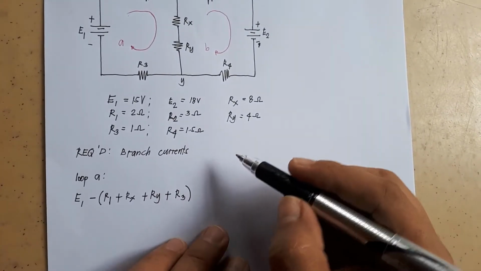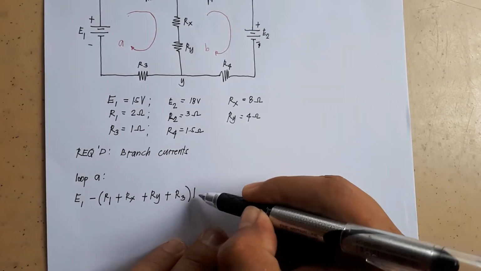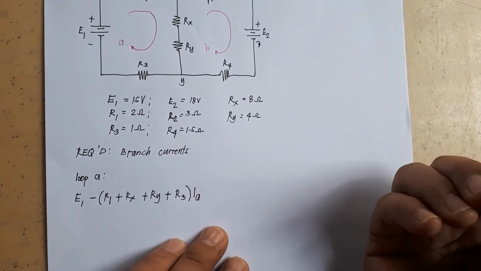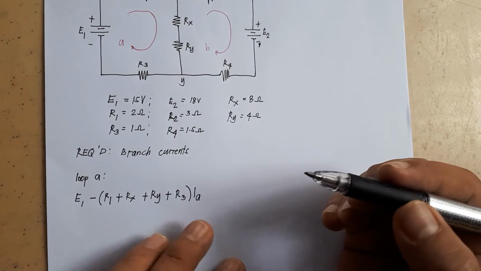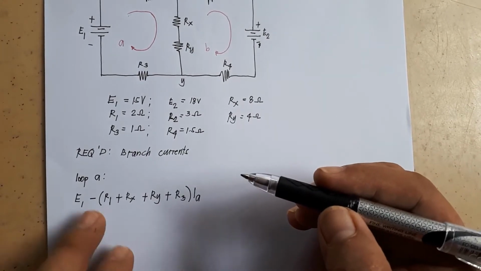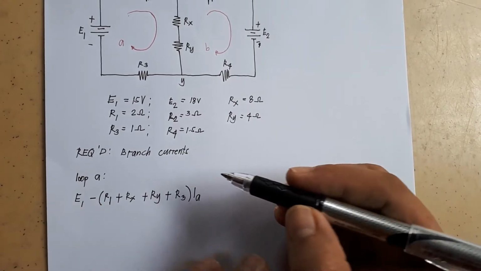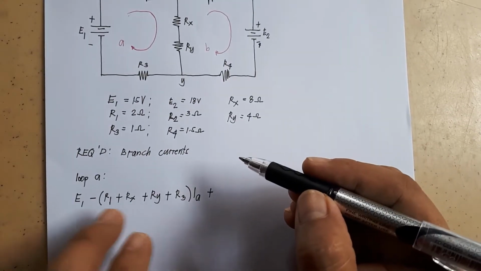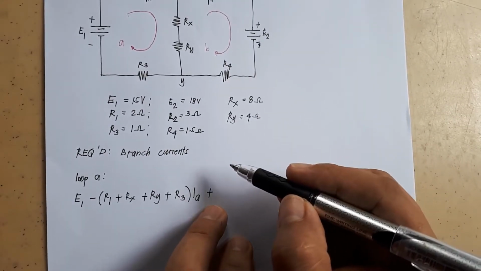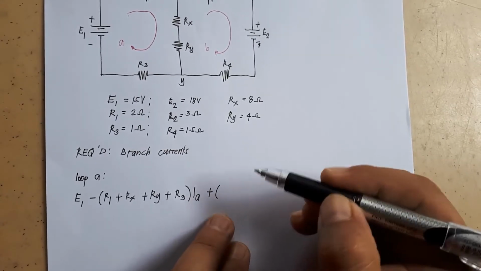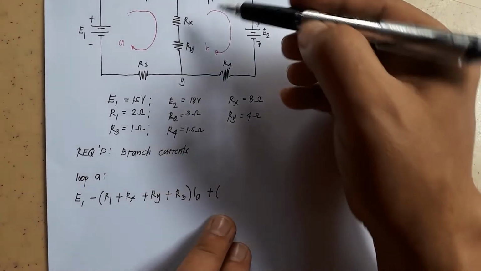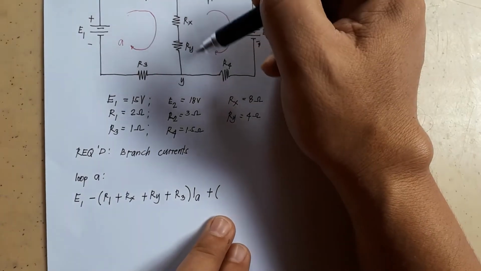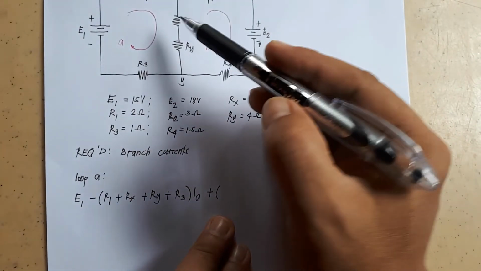After that, you identify the current at that loop as IA. After this portion, if there is a minus sign for this, we have to counter it also with another plus sign, and this time it covers the elements in between two loops, like this one.